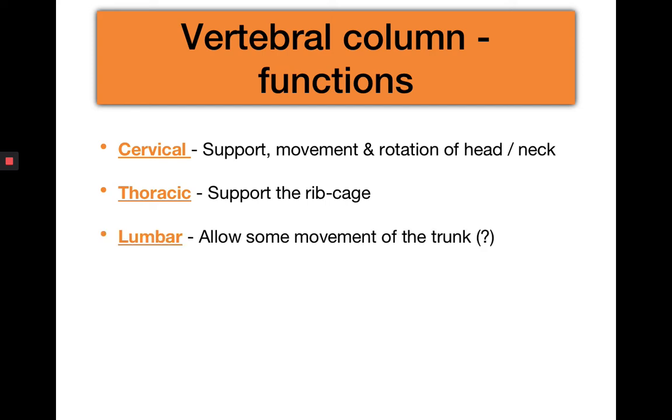And then we have our lumbar region. So we have movement here, a little bit of movement, and we also have some unwanted movement. When we talk about posture in future tutorials, we'll look at the way we have unwanted movement of the pelvis. It can either tilt forward or it can rotate backwards. So we can have a pelvic tilt, and this is going to lead to all sorts of different postural deformities.